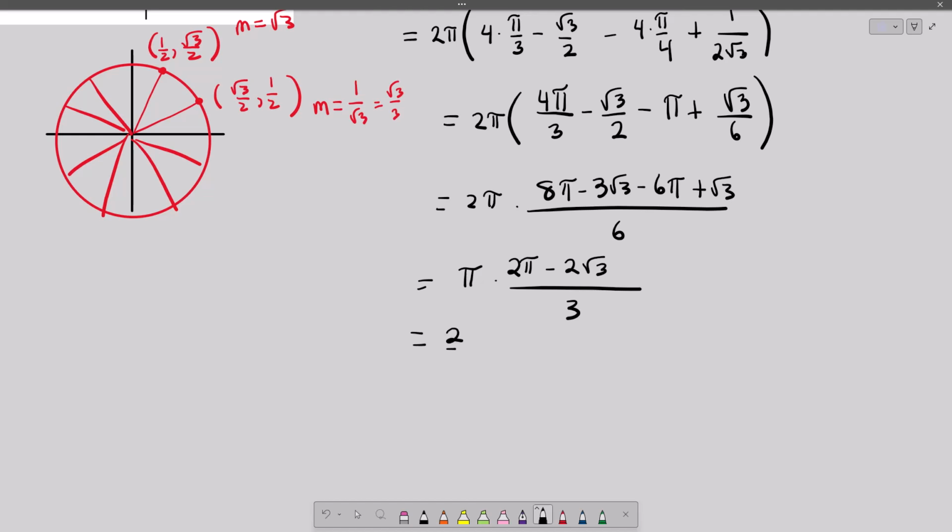So we could write this as 2/3 pi, or 2 pi over 3, does not matter. 2 pi over 3 multiplied by, when we factor out that 2, we're left with pi minus root 3. So that would be our simplified answer.